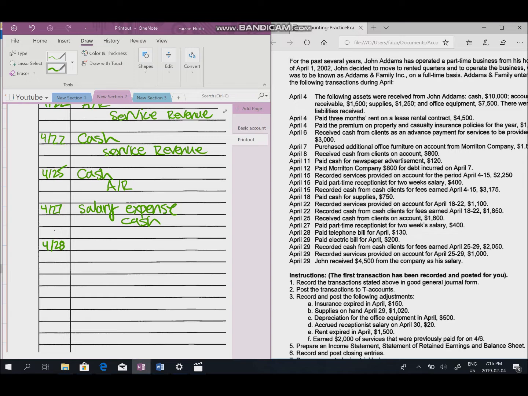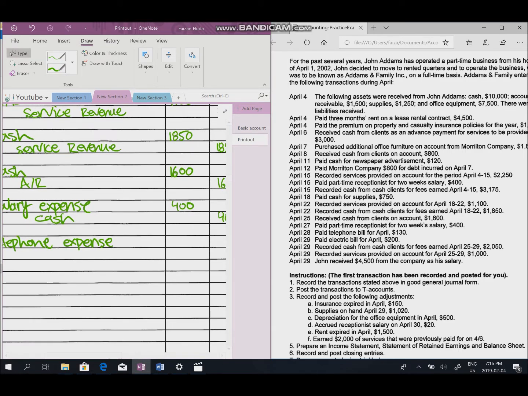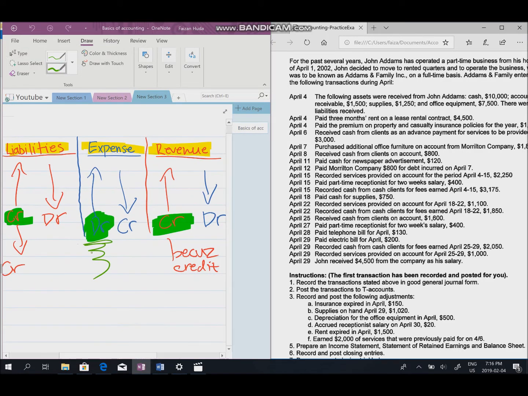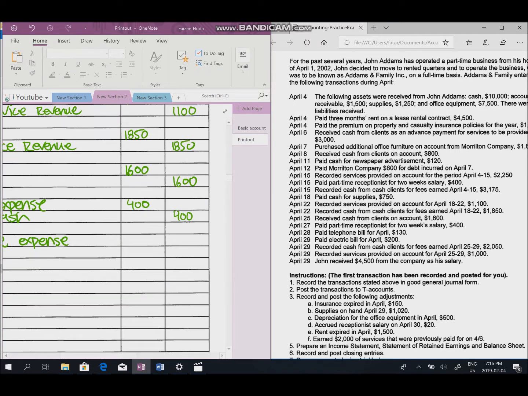You're using cash to pay it, it's an expense for your business. So I'm going to use telephone expense in this case. Since I incurred this expense, to increase an expense account, as I said in the beginning of the video, you'll debit it. So this is why I'm debiting expense over here. I want to increase my expense account. So debit expense for the amount they tell us, 130.